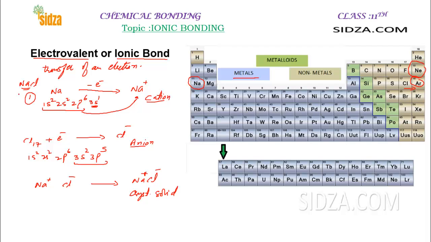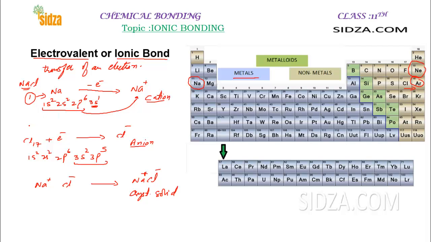We should have an element with a lower ionization energy. Sodium can lose an electron by absorbing a very small amount of energy, so it has a very low ionization energy. There should be an element that can easily lose an electron, and only metals can lose electrons easily.